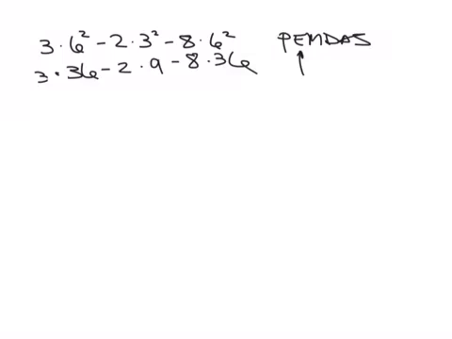And next step is multiplication. 3 times 36, oh gosh, what is that? 108. Minus 2 times 9 is 18. Minus 8 times 36 is 298, I think. 244.